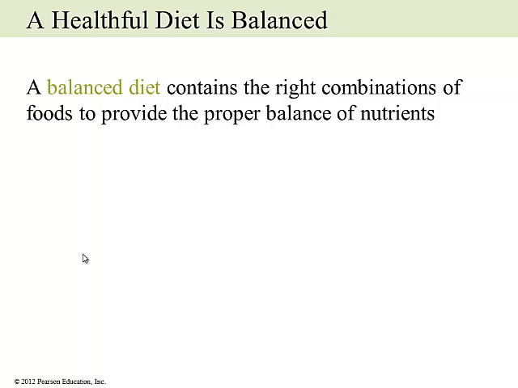Your input versus your output. So some of us might be the exact same body frame, height, same frame and everything, but one person might be a couch potato and one person might be a long distance runner. Do they have the same energy requirements? So everybody has a different energy requirement based on a whole bunch of different things.